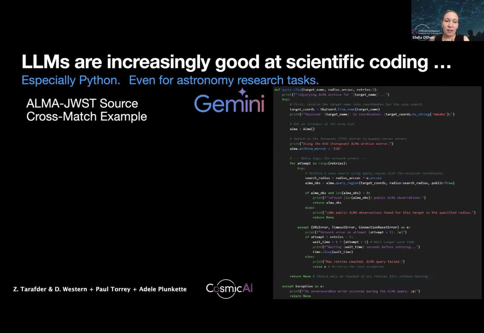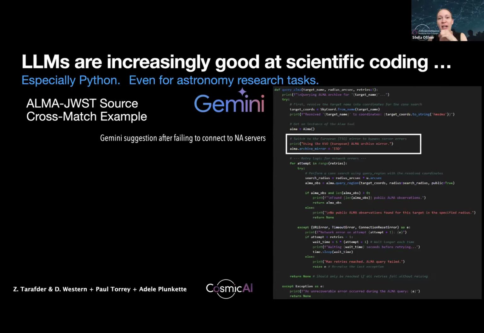Another project that was happening this summer by two undergrads, they were working specifically on NRAO data, particularly relating to ALMA. So they did some examples where they asked Gemini to do a source cross match between ALMA and JWST sources, which involved querying the data archives for the sources, downloading the data, and then plotting them.